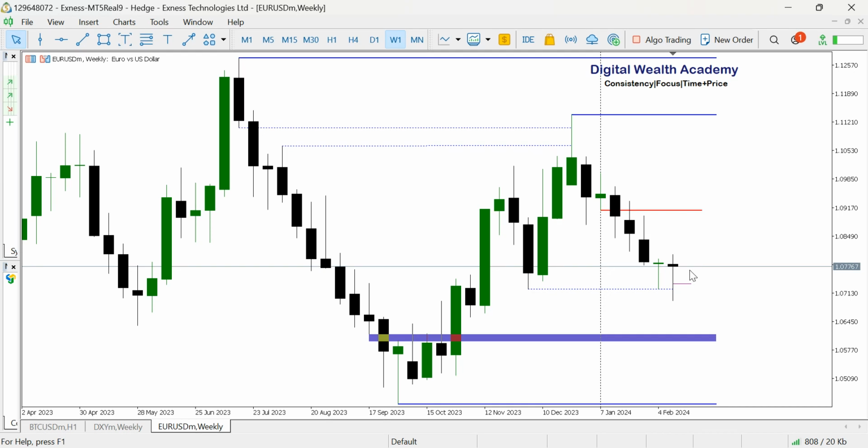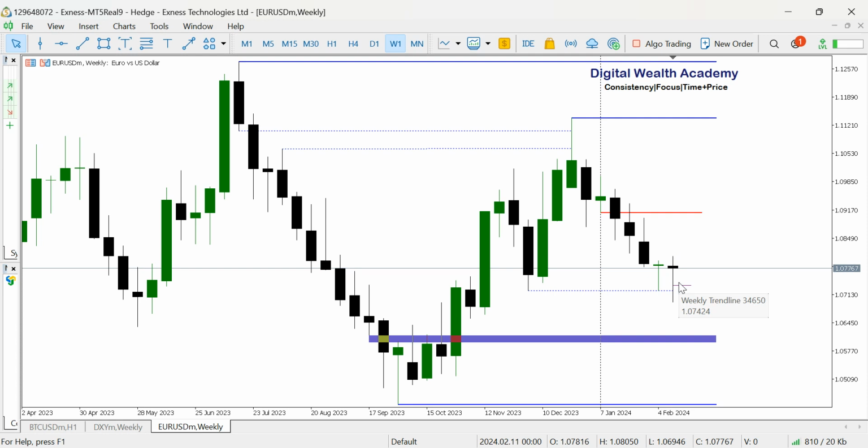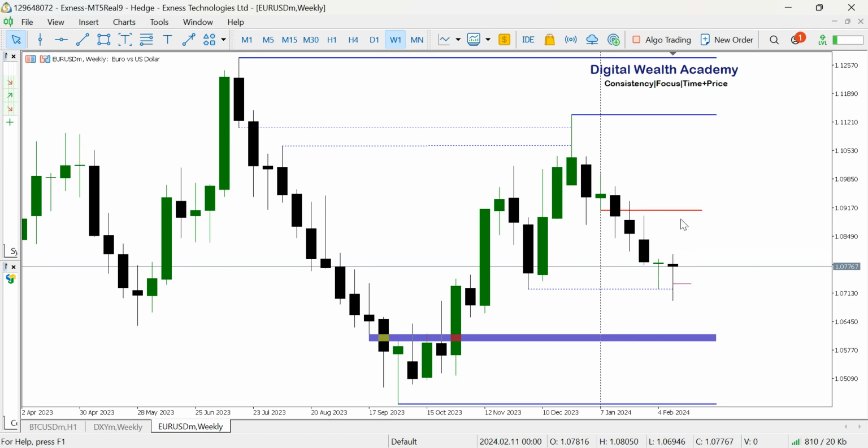I am not anticipating price next week to wick through it or price below this area. I want this area to remain on tap next week, and that should form a support and lead price higher.